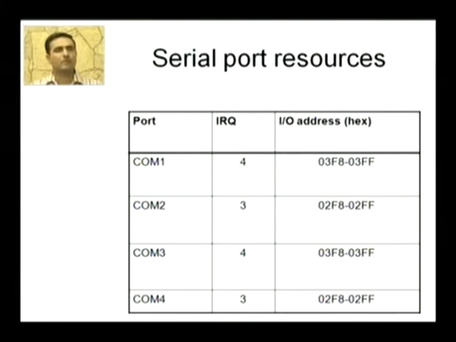Next is the COM2 port. The COM2 port uses the third interrupt request, and for the COM2 port the input output address is 02F8 to 02FF, as this address has been shown in hexadecimal.